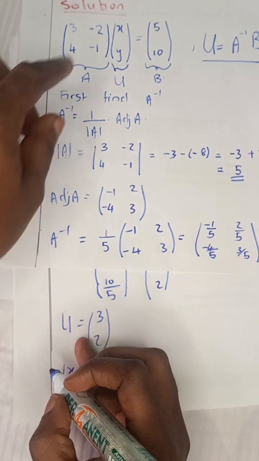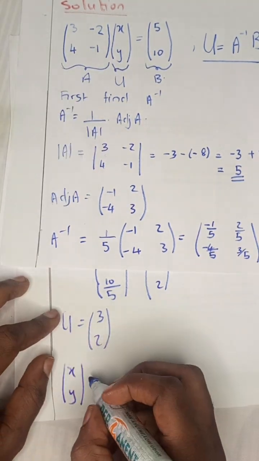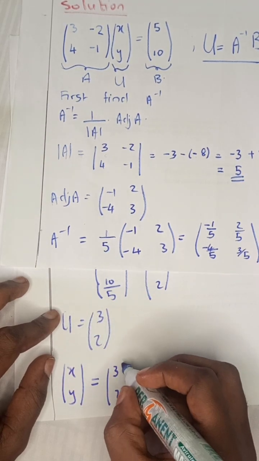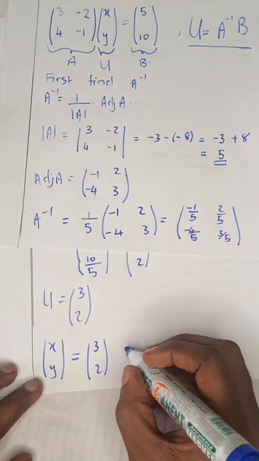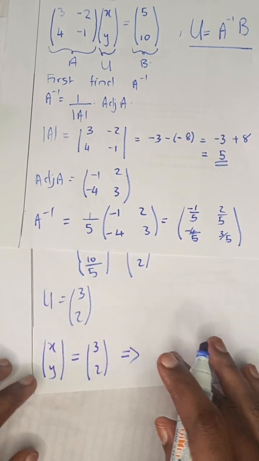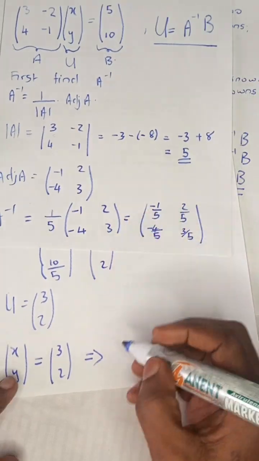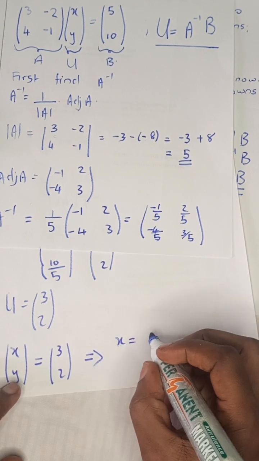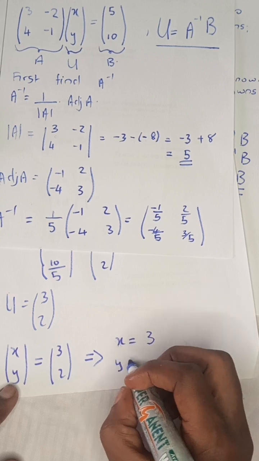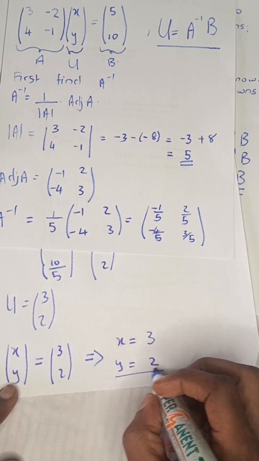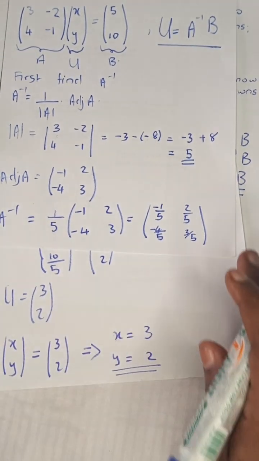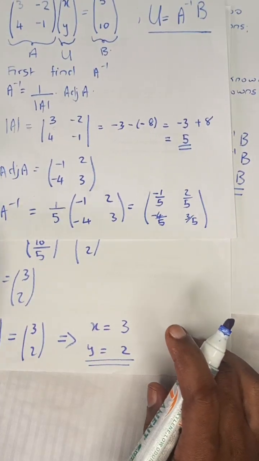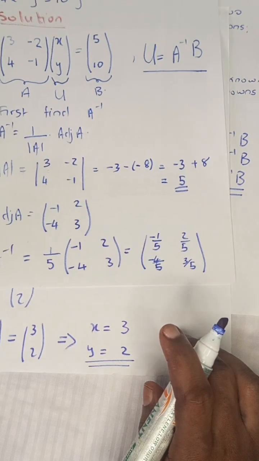These are matrix U from here being equal to, we've obtained U to be equal to this matrix. So we have 3 and 2, and this would imply that our x is equal to 3 and y is equal to 2. Equality of matrices, we equate corresponding entries, and that's it for the solution of our system.